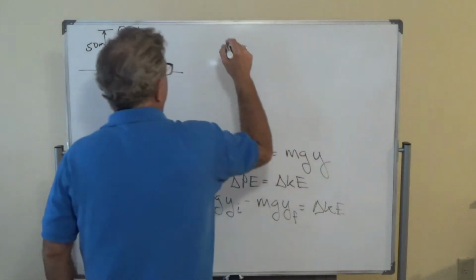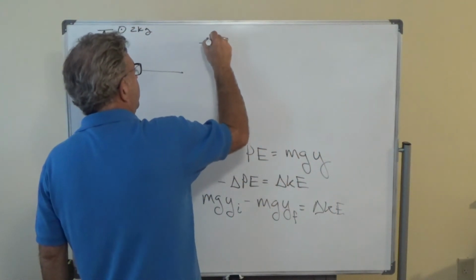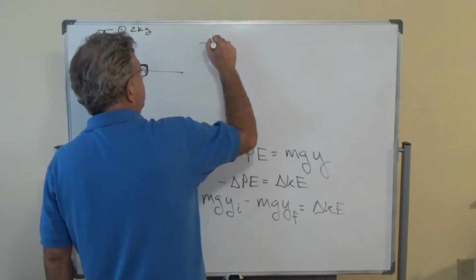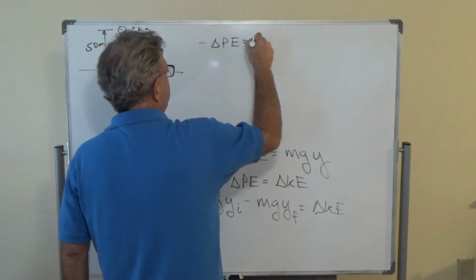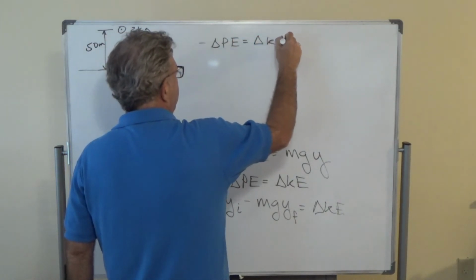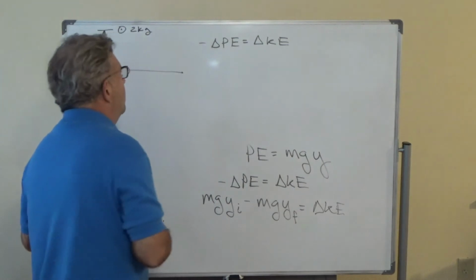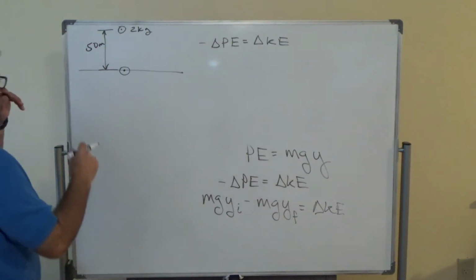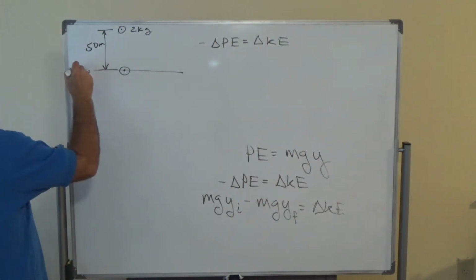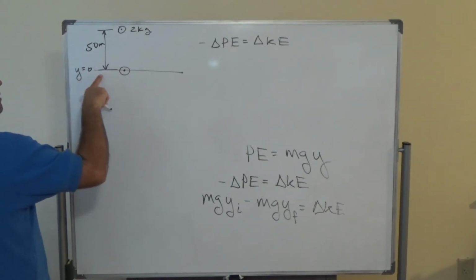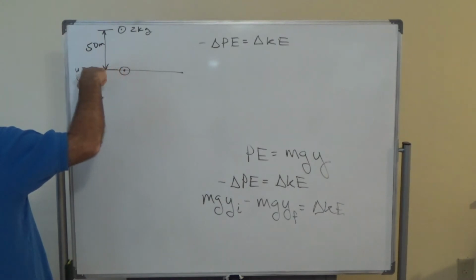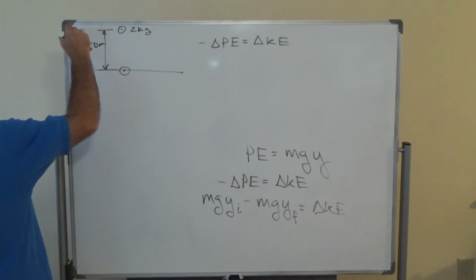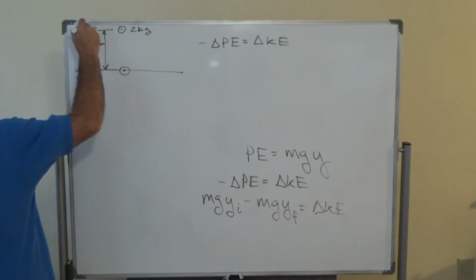So I claim that due to work energy, the negative of the change in potential energy is equal to the change in kinetic energy. So I'm going to make this y equals 0. That's the ground, or that's the point at which it passes, y equals 0, and this is y equals 50 meters.